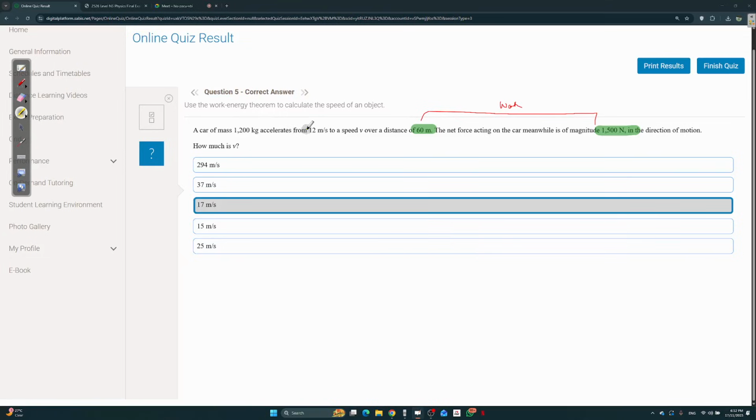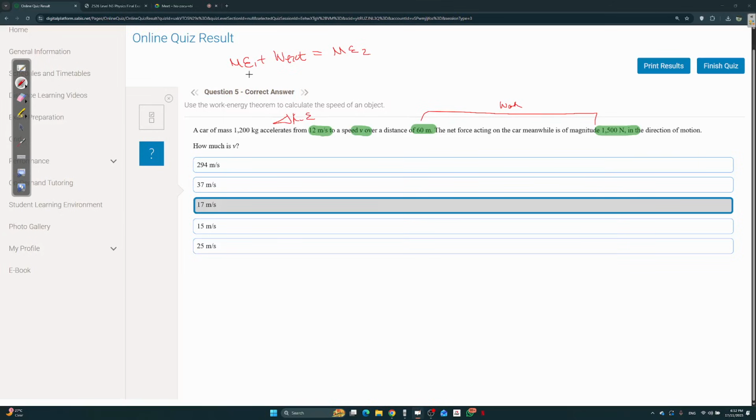And since there's a change in the speed from 12 to a speed v, that means there's a change in kinetic energy. Simply, the rule is the work done is equal to the change in kinetic energy. I don't like really using this. I like using this, that ME1 plus work external gets you the new mechanical energy.